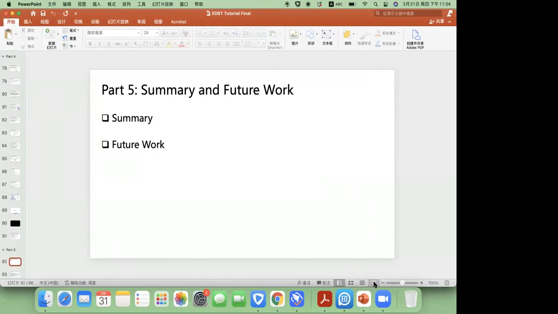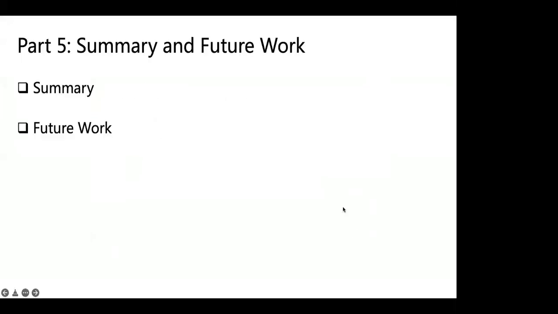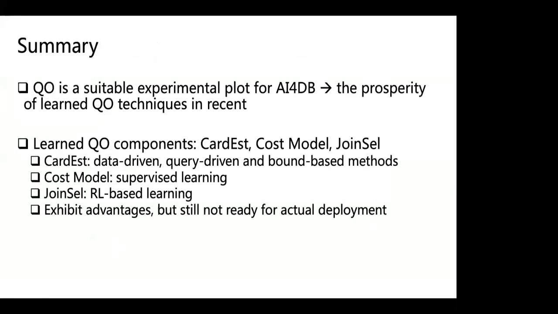Okay, finally, let me make a short summary and then we come to the Q&A part. In this tutorial part, we can see that QO is a suitable experimental plot for AI for DB, and we have witnessed many learned query optimizer techniques recently. For query optimizer components, cardinality estimation, cost model, and join order selection, many methods have been proposed. They exhibit advantages, but admittedly, they are still not ready for actual deployment.